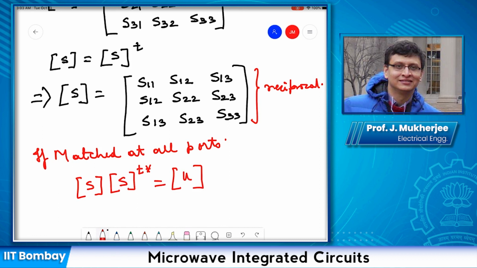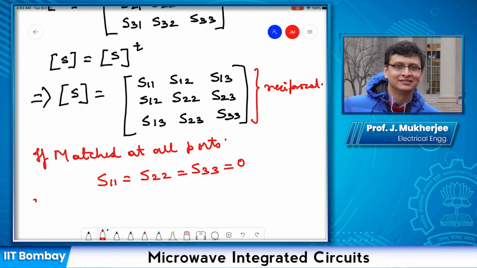Sorry, I just made a mistake. If matched at all ports, then we have S11 equal to S22 equal to S33 equal to 0. Please note this change.